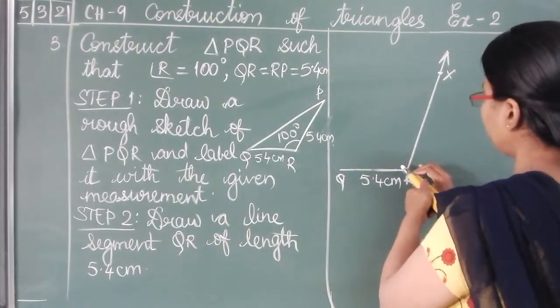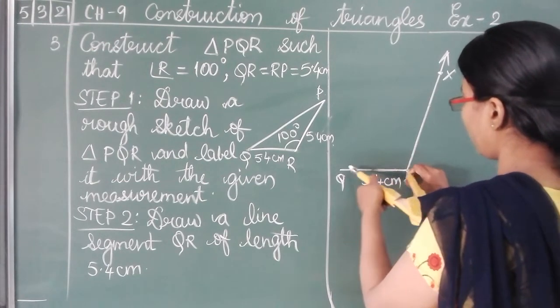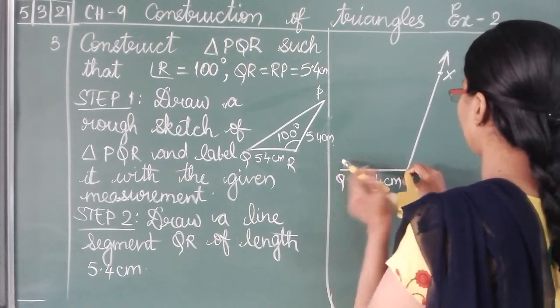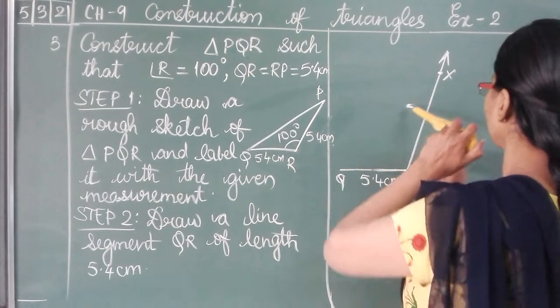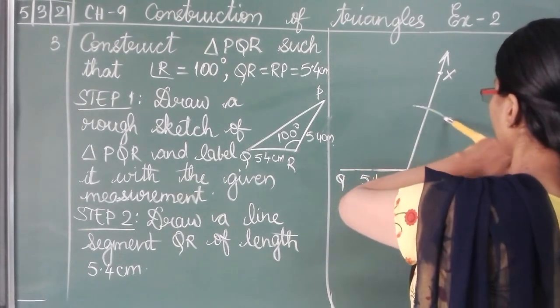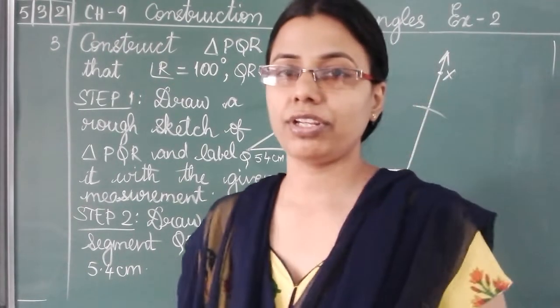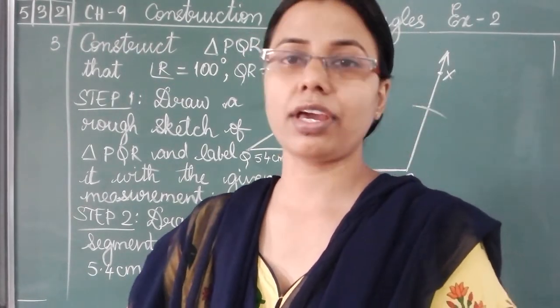So here I am going to keep at R as the center and then till Q. Now draw an arc. Okay? What did we do? We have drawn an arc.